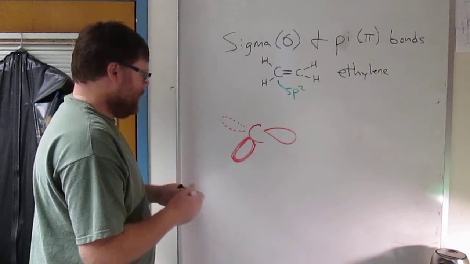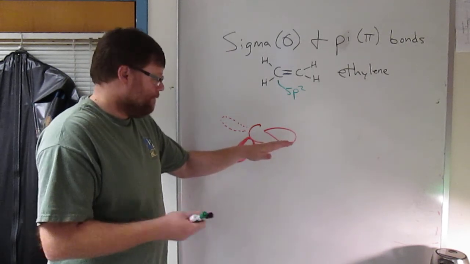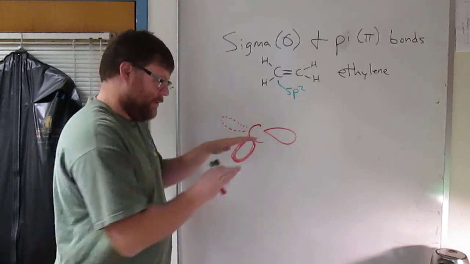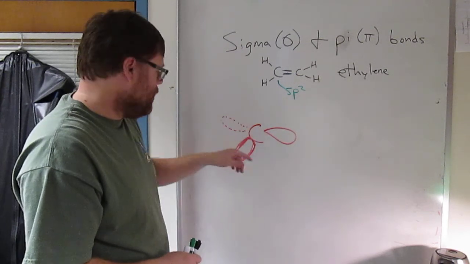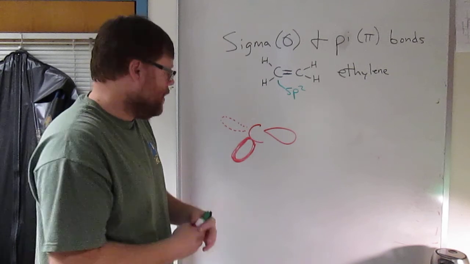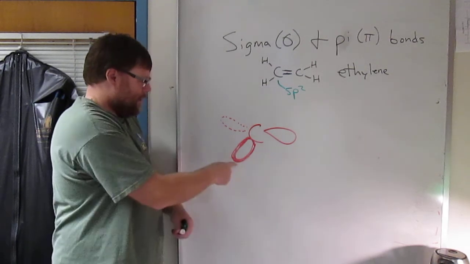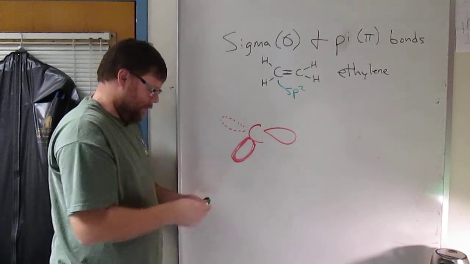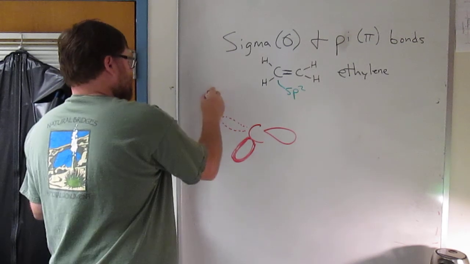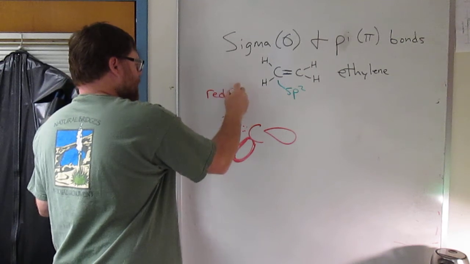So the carbon is trigonal planar, correct? So the carbon has an sp2 orbital this way, it has one going back into the plane of the board and one sticking out of the plane of the board. If you turn this exactly side on, this sp2 orbital would eclipse that sp2 orbital. So the red orbitals are sp2.